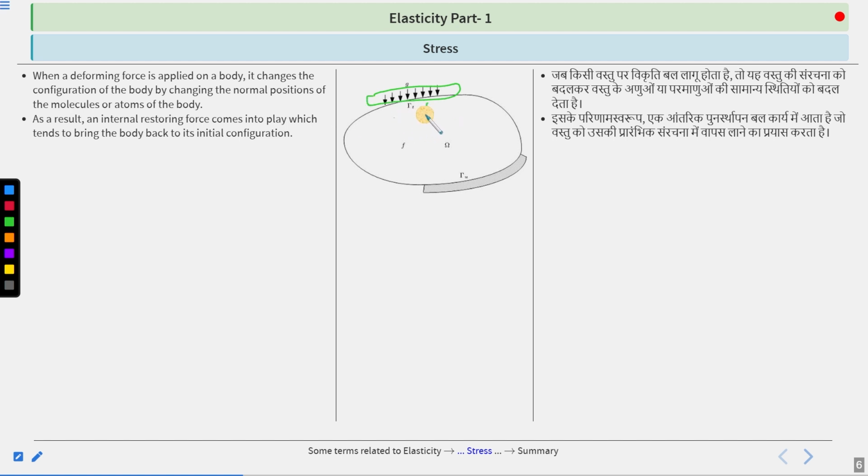For example, this was the original layer of atoms or molecules. When you applied the force, the original layer was pushed down to this. Okay. So what you are seeing is that you are actually applying a deforming force that is changing the configuration of the initial position of the molecules or atoms, right?